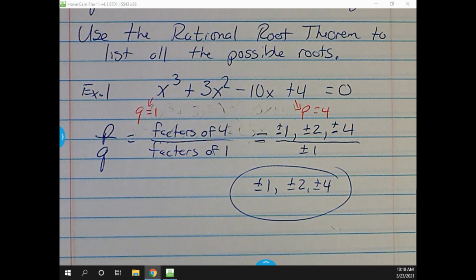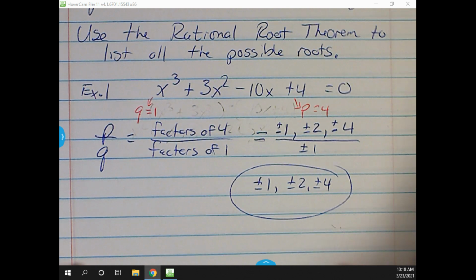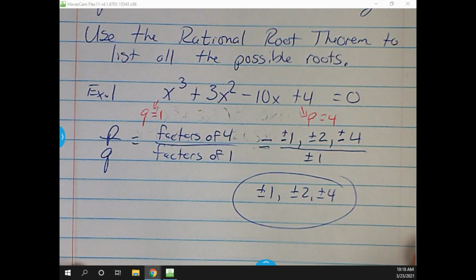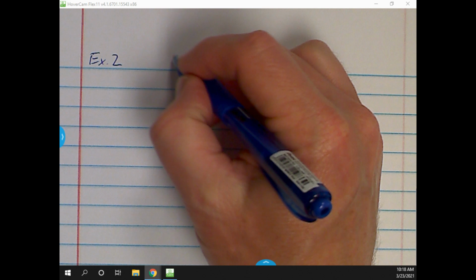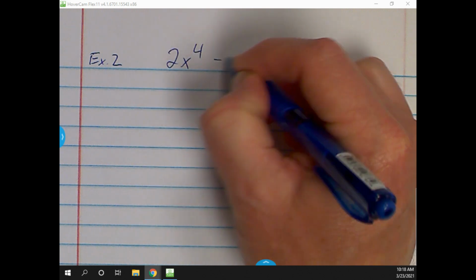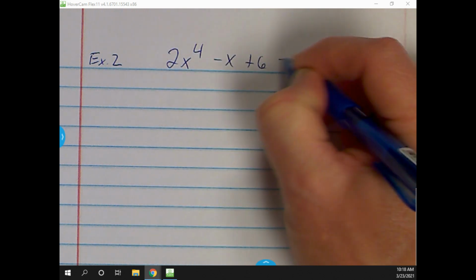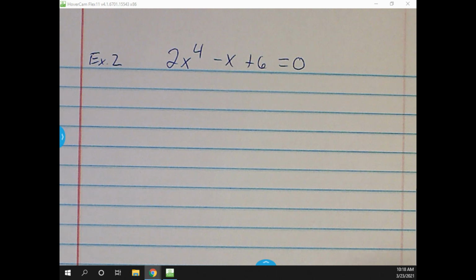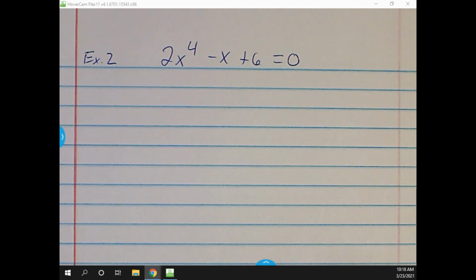Let's give you one where the first number is something other than 1, because it does change things a little bit. So let's go with 2x to the 4th minus x plus 6 equals 0.